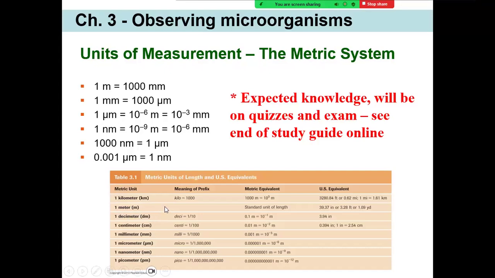And then you simply use the prefix. So there's a kiloliter, a deciliter, a centiliter, with the basic unit. Any question about any of that? Now, the metrics are easy once you get to know them because everything is based on a scale of 10.